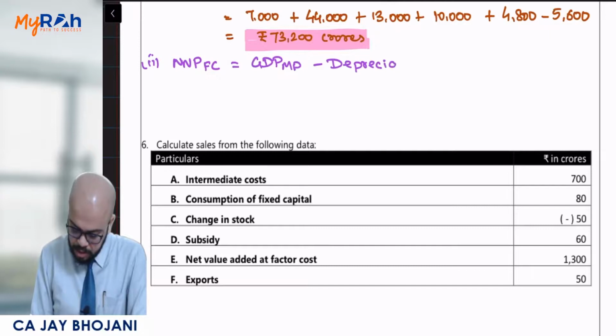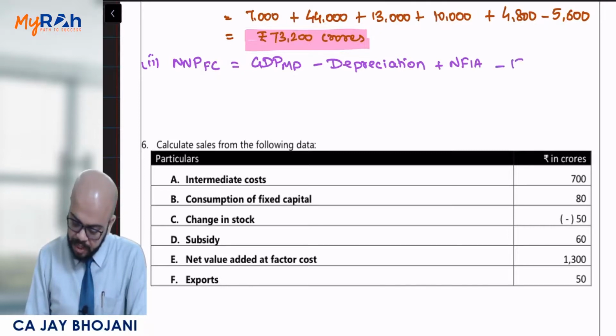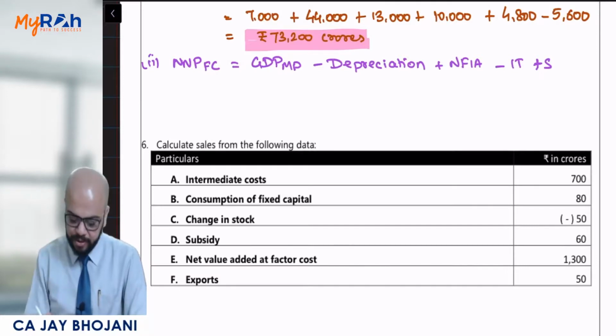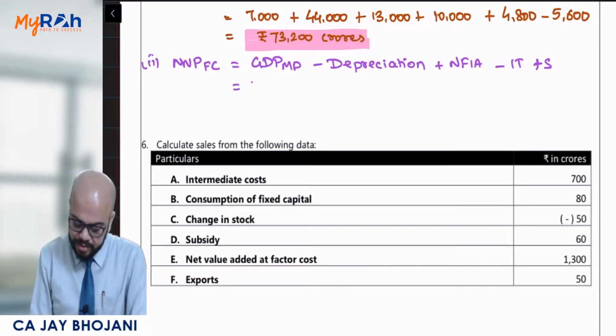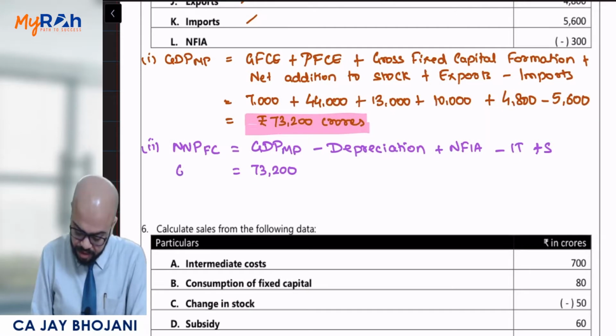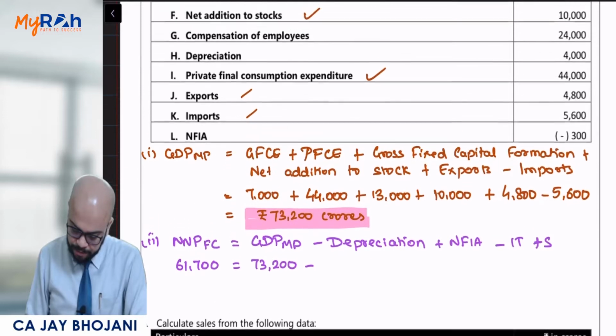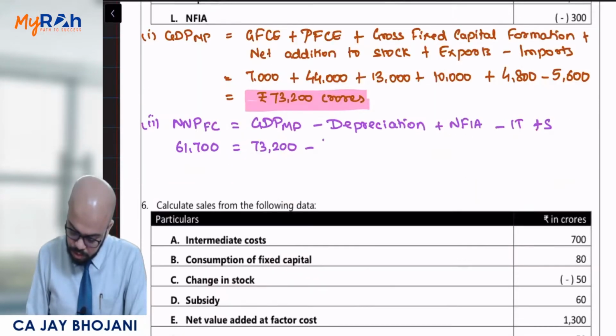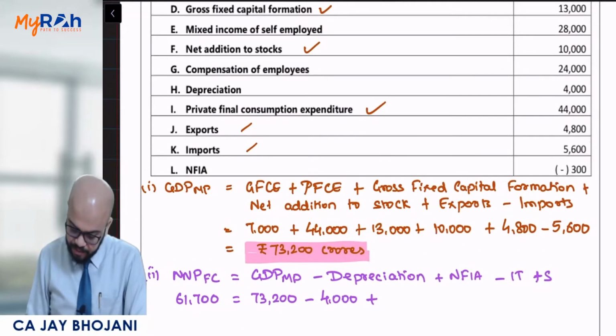minus depreciation plus NFIA minus indirect taxes plus subsidies. Okay, GDP MP we know is 73,200. NDP FC is also given to us, 61,700, minus depreciation is 4,000 plus NFIA.